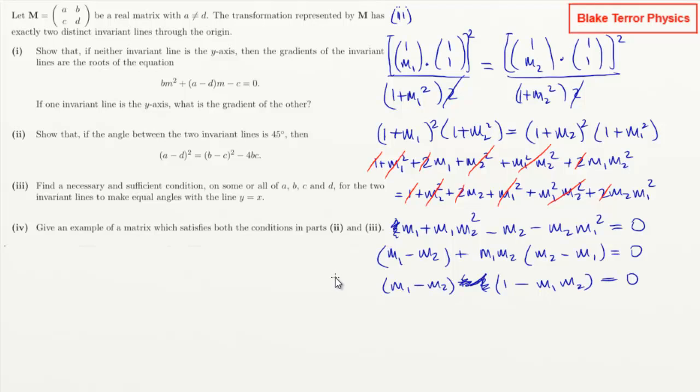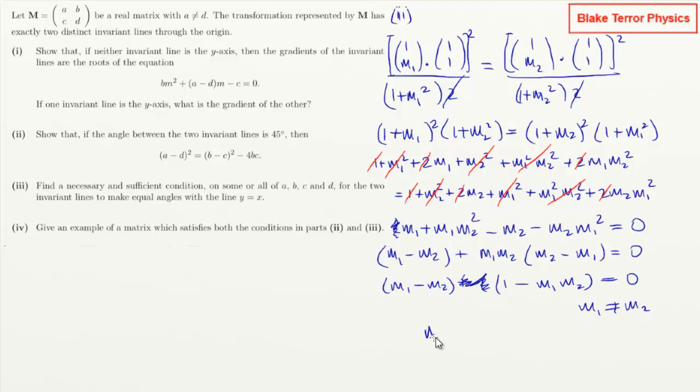Right, find a necessary and sufficient condition on some or all of A, B, C, D for the two invariant lines to make equal angles. Right, so what does that mean? Because again, I haven't got A, B, C, D's in here, but I do have relationships between these things. The two invariant lines, so I've got two different lines. So m1 is not equal to m2.